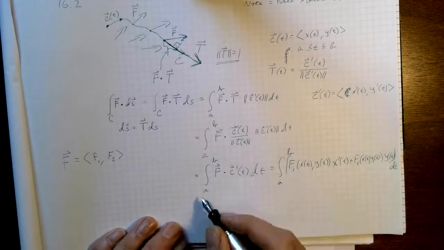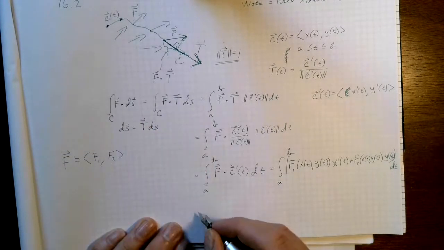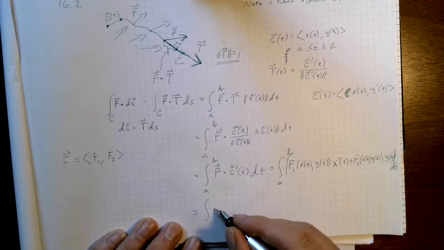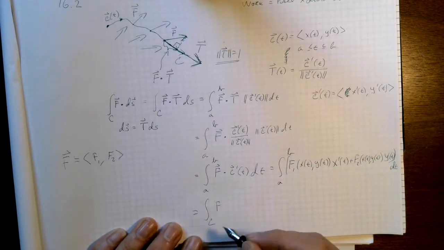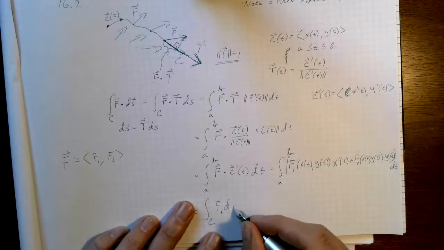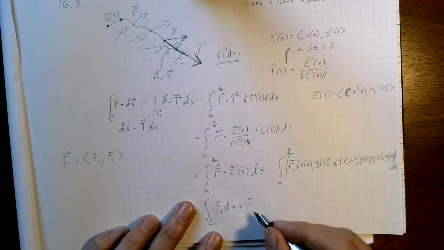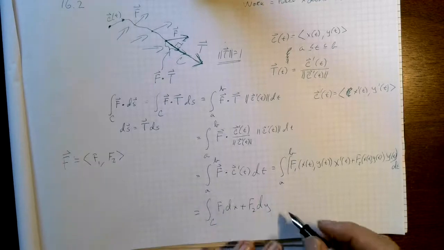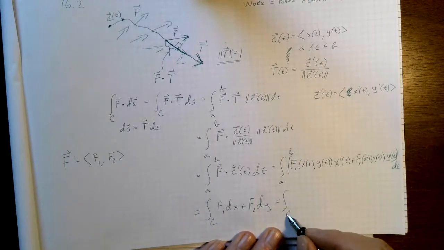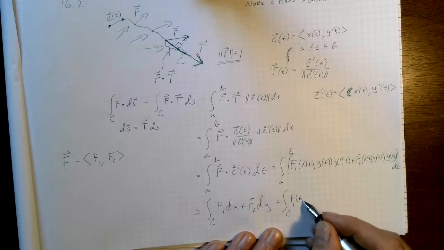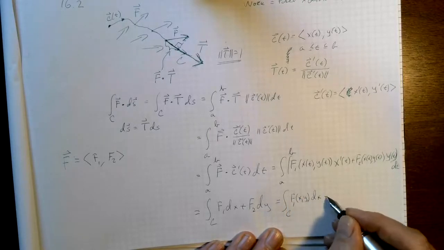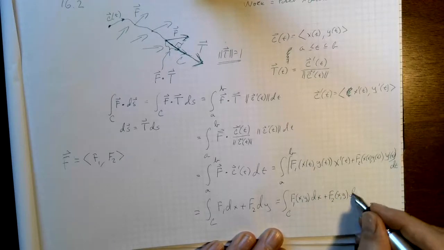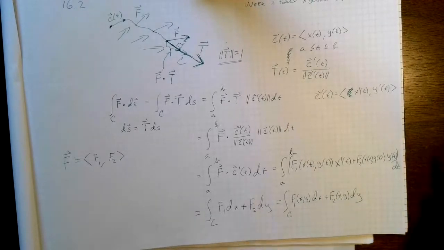Now, sometimes there's another way of writing this. Another notation for this is f1 dx plus f2 dy, or maybe I'll write it as f1 of x, y dx plus f2 of x, y dy, right?